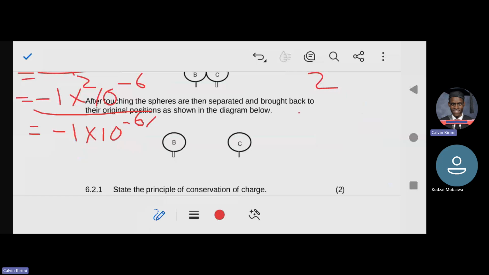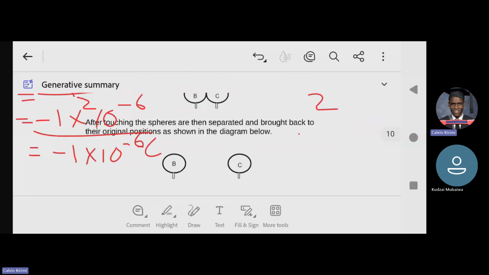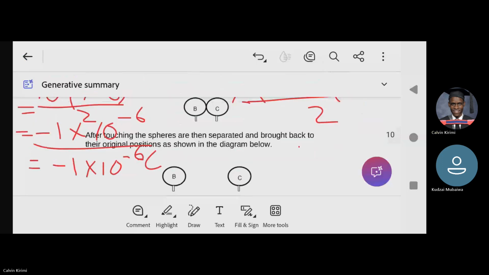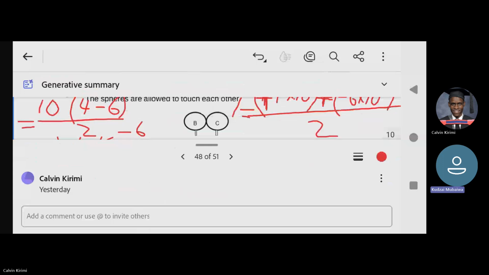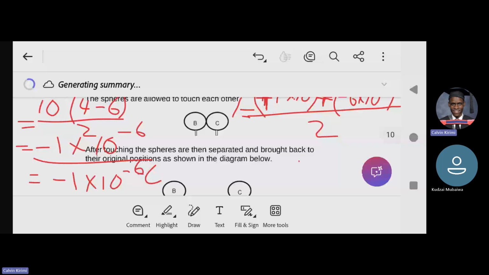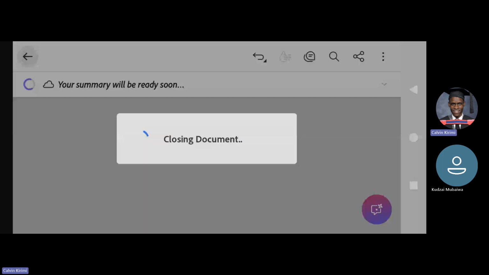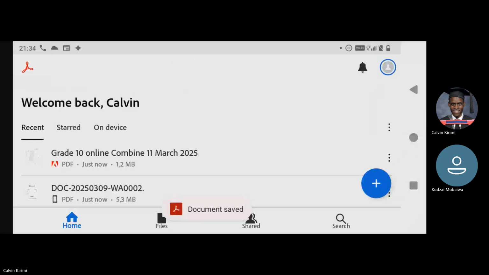And what did you get on your calculator? That's what I'm asking, so that I can correct you. Oh, sir, I made a mistake and typed 16 instead of 6. Did you correct it, and are you getting the same answer? Yes, sir.